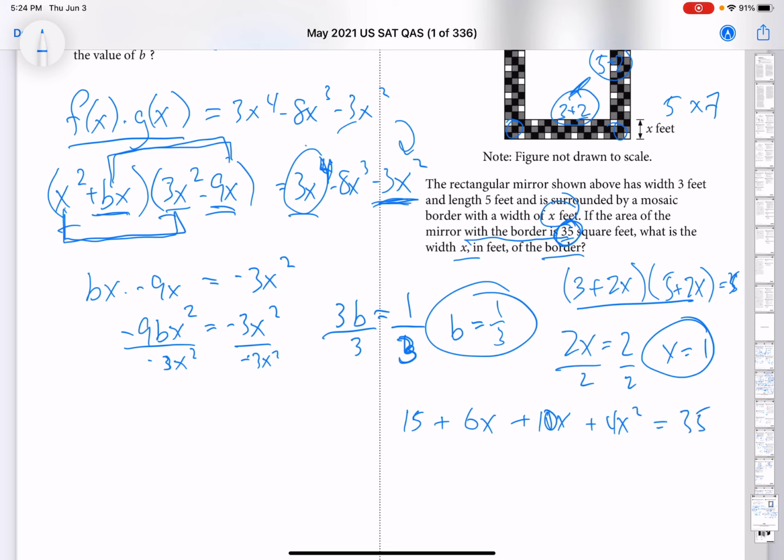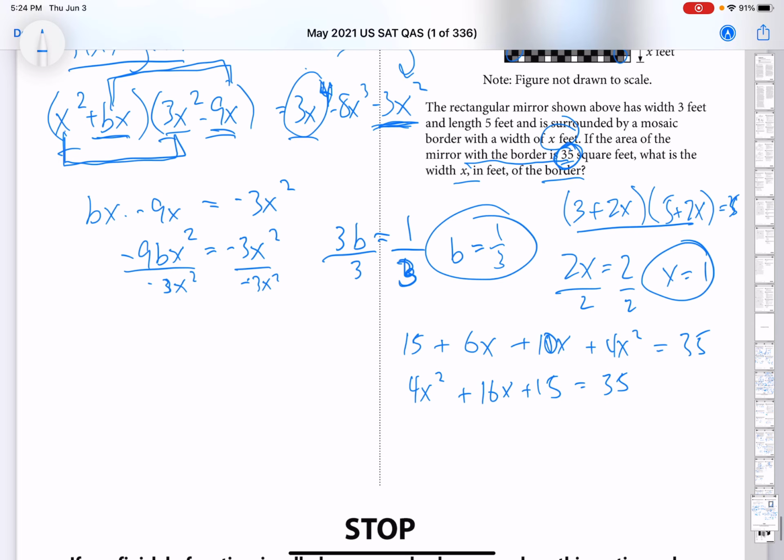If we solve it this way, we get 4x squared plus 16x plus 15 is equal to 35. If we then simplify this, subtracting 35 from both sides, we get 4x squared plus 16x minus 20, and that equals 0.